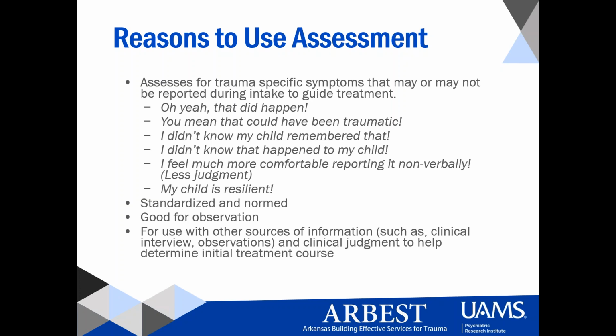The UCLA PTSD Index for DSM-5 is a wonderful measure. It is costly and not in public domain, which is the main reason why we didn't use that one. There's also the Child Post-Traumatic Stress Scale, the CPSS. That's a great measure. But we'll be talking specifically about the CATS today.